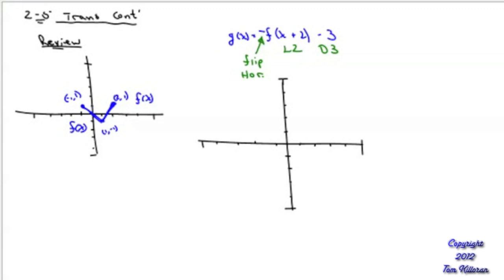It's going down 3, so the whole graph is moving down here. It's going left 2, so the whole graph is moving in that direction. So you can kind of think of the black axis shifting into the green ones. And then the flip is the hardest part. So I'm going to graph it without the flip first, and then graph it with the flip afterwards. So without the flip, where is this graph going? Well, -1, 1 is going to have to go down 3, left 2. So if it goes down 3 and left 2, where am I?